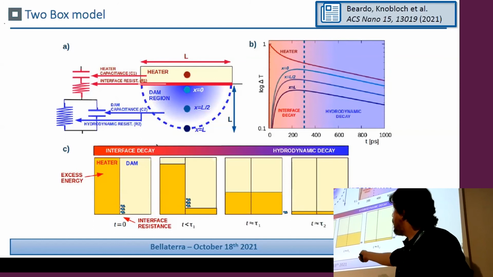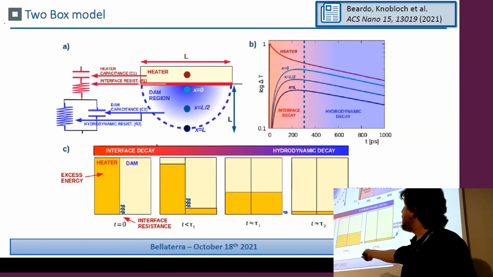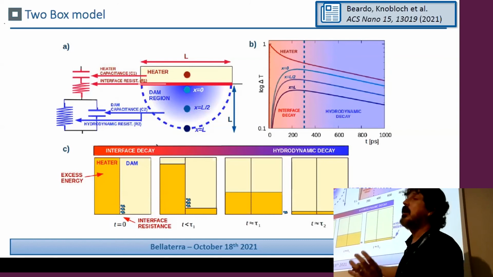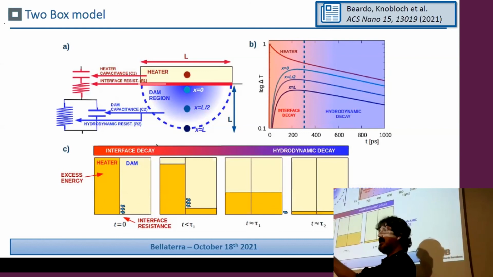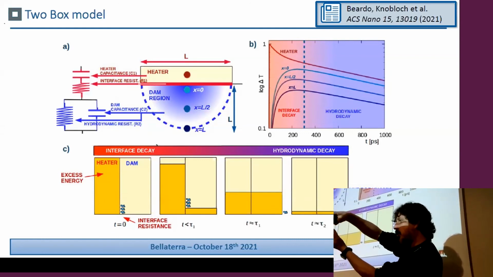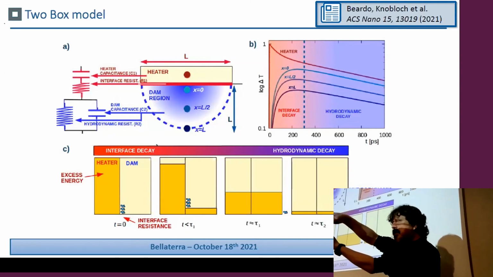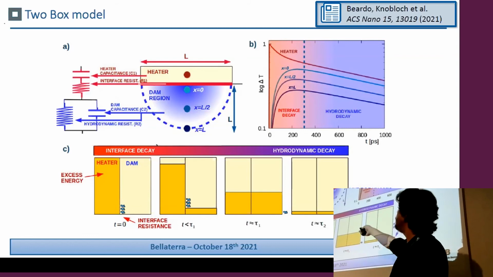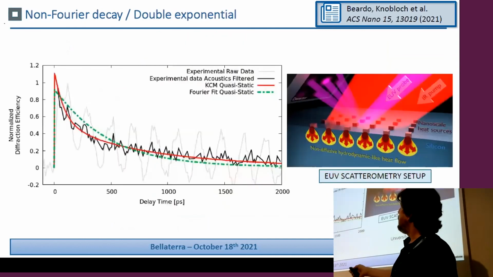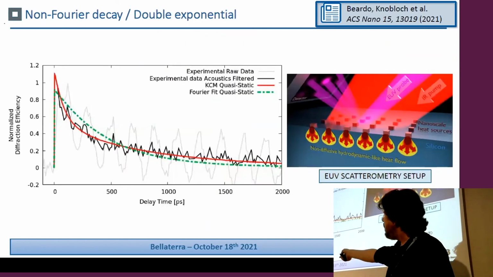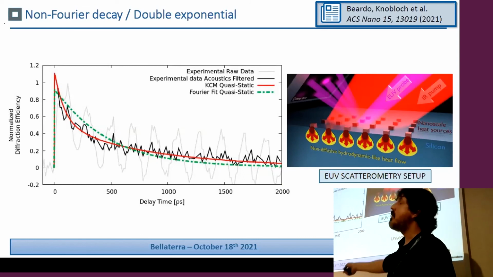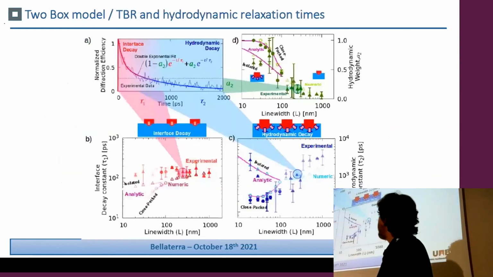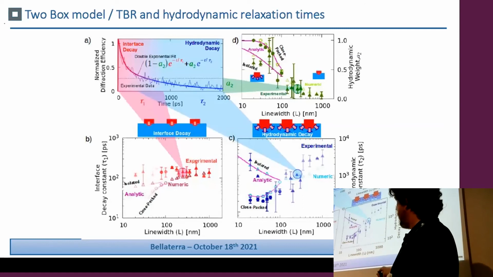And once you get a complete balance between the metal line and a region on the bottom that we call the damp region, so there is like an image of the metal line on the bottom, and when you have equilibrium between them, then you start to see the second time scale that is due to the Laplacian of Q. That's the reason why we see these two time scales: the first one is the TBR, and the second one is due to the Laplacian. And we have done it for a lot of line widths.